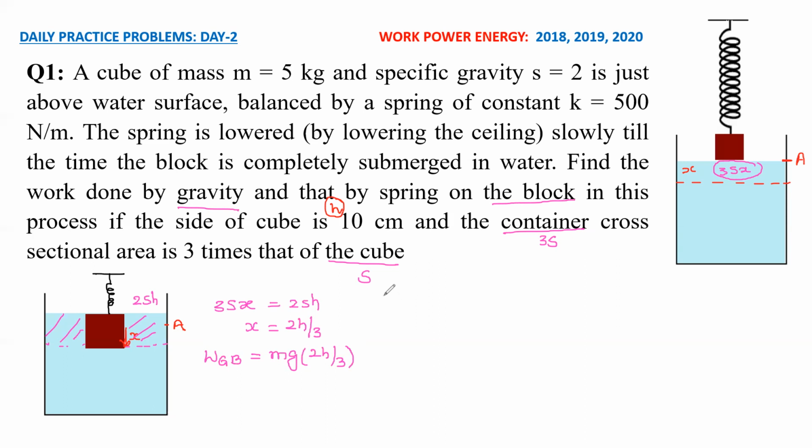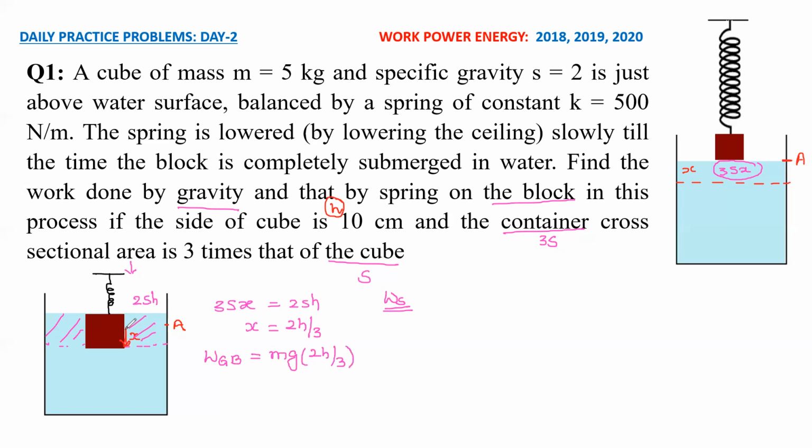Now, work done by spring on the block is being asked. For that, we need to understand that the upper end of the spring is being lowered and the block is also moving. So both ends of the spring are moving, and therefore the work done by the spring in total is the work done on the ceiling as well as the work done on the block.